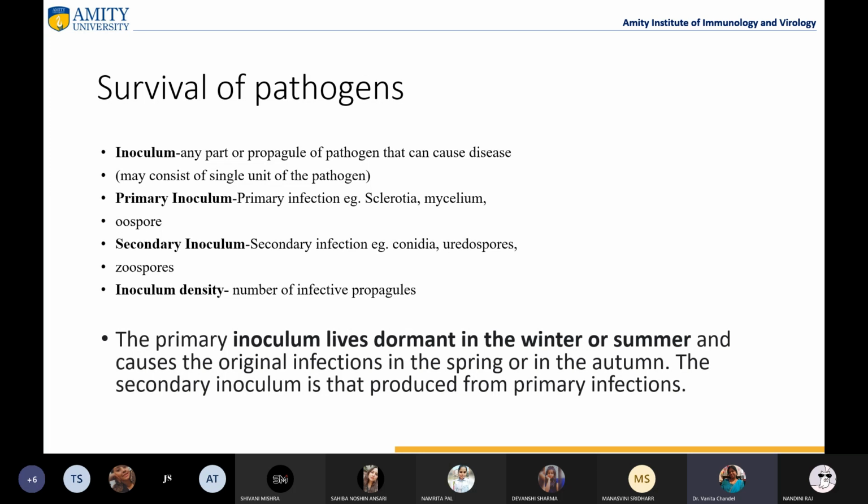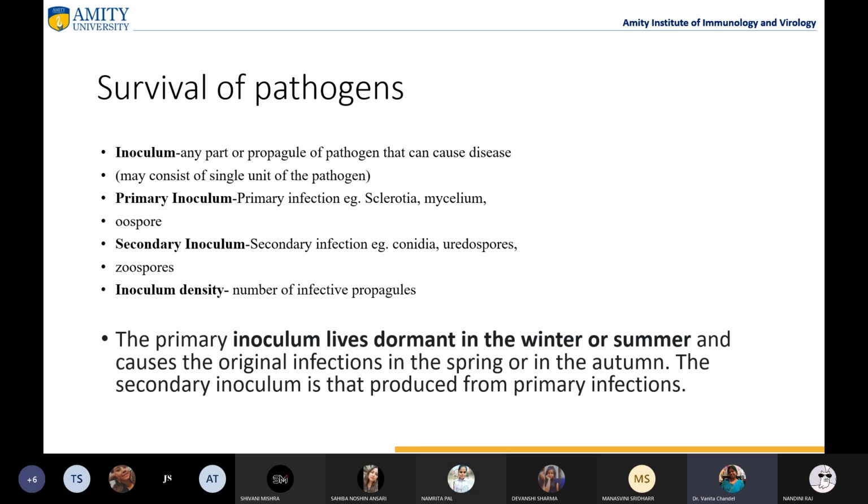It could be sclerotia, mycelium or spores left from the previous season. What remained in the wintering stages and initiates the first infection in the plant is called primary inoculum. Secondary inoculum is derived from the primary inoculum. It could be conidia, or zoospores, that arise from the secondary infection.